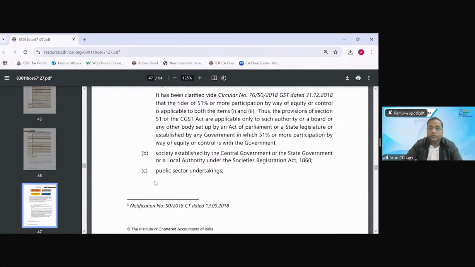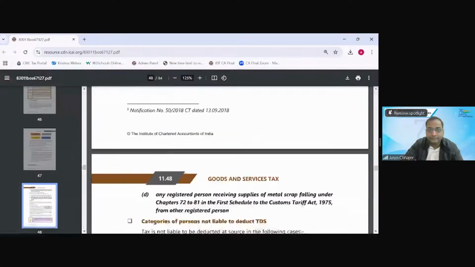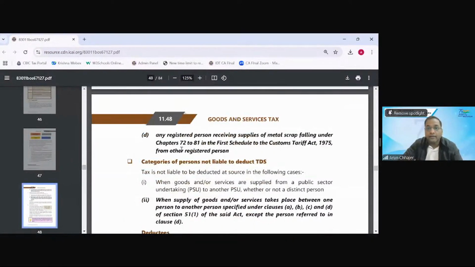Next, societies established by the central government or state government or local authority. Then public sector undertakings, PSUs, are also covered under the TDS category. Recent amendment: any registered person receiving supplies of metal scrap in this chapter of the tariff from another registered person.